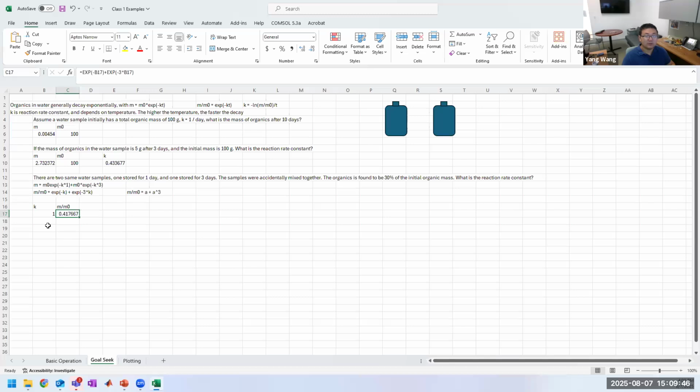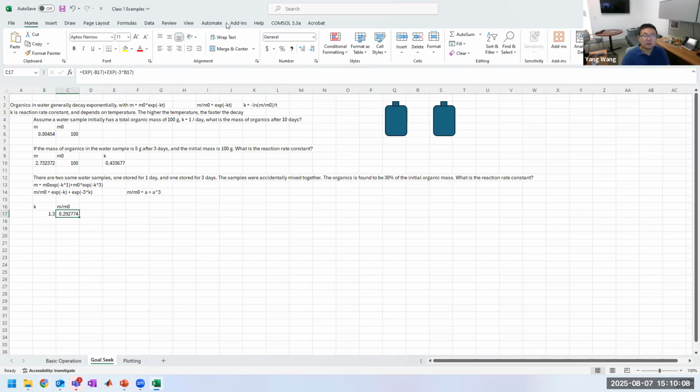You can see that when k is 1, M divided by M0 is 0.42 instead of 0.3. If you change to a larger value, 1.1, 1.2, 1.3, 1.3 is quite close, but you don't have the exact value. You can keep trying.